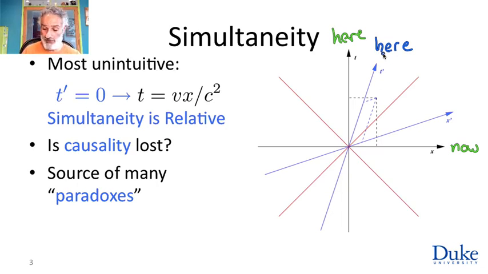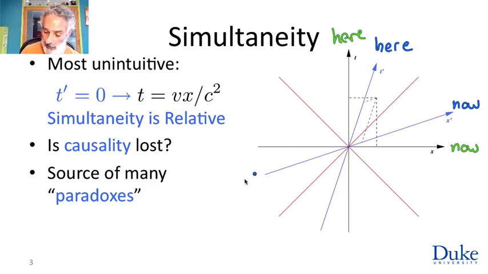What is shocking and very confusing is that if you look at the Lorentz transformations, and we look for the collection of all events characterized by t prime equal to 0, you find that that is not equivalent to t equal to 0, but rather to t equals vx over c squared, so that the blue observer's now differs from the black observer's now.